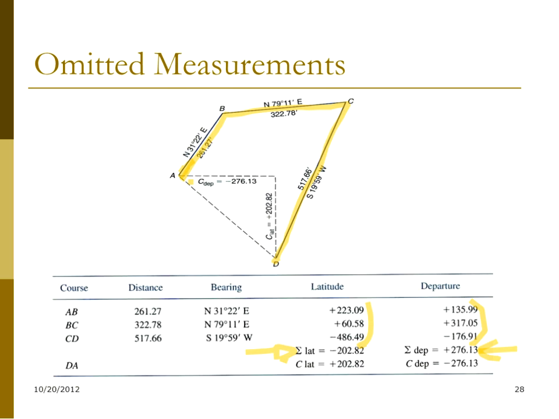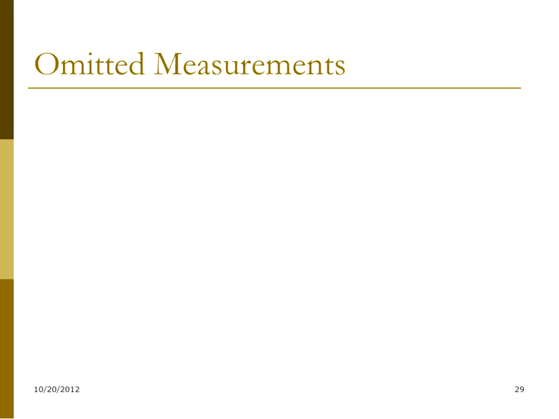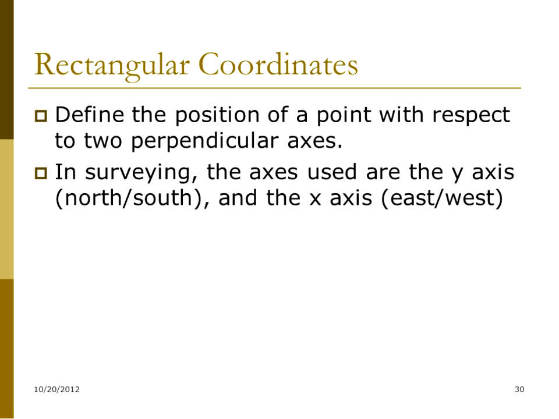That becomes this departure and latitude here, which allows us to then calculate the distance and the bearing of the line here between D and A.